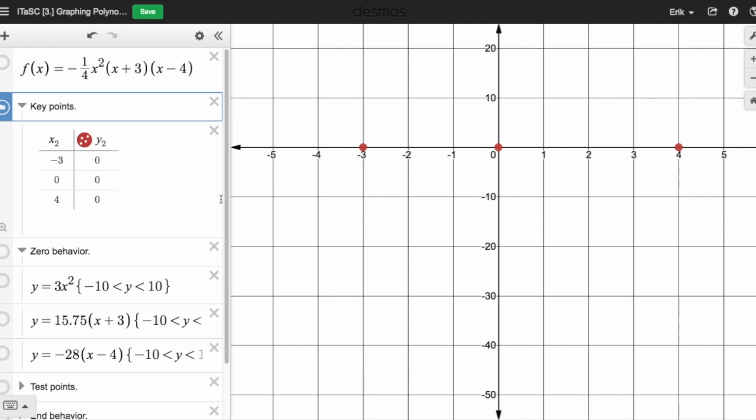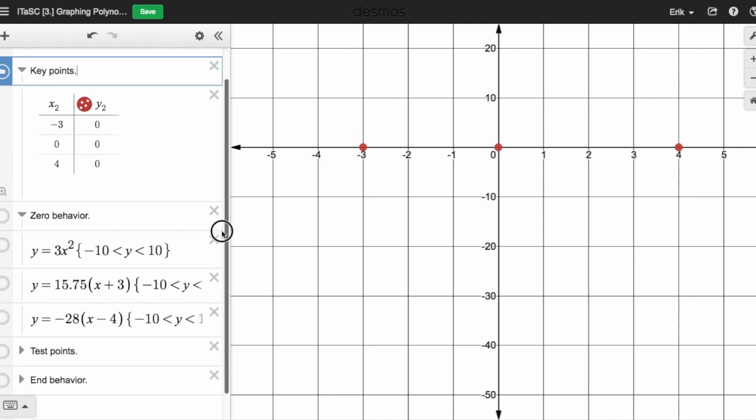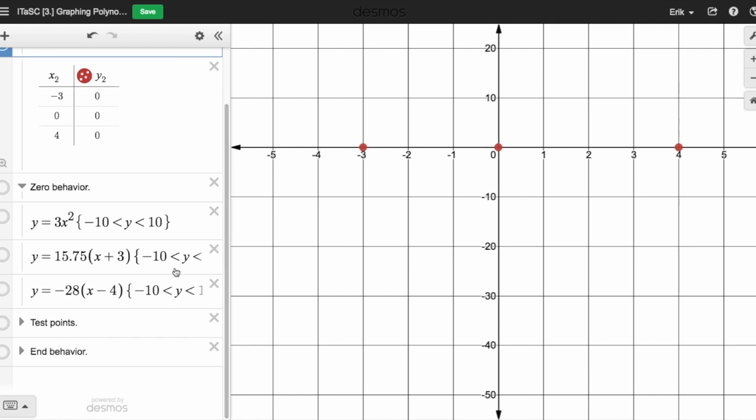I'll open this up and we can see the 3 functions we found. And we used our technique of factoring out one of the factors and then plugging in or evaluating the rest of it for the given value of x. And if I switch those on, we can see the 3 small sketches that we did on the board showing up on the graph. So for -3 and 4, we know the function behaves like a line.